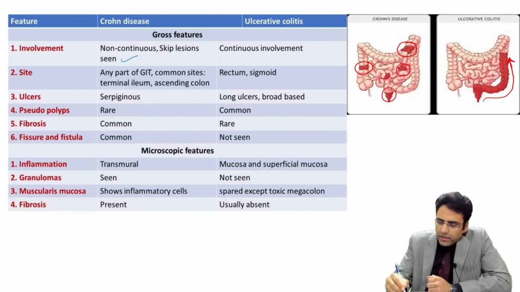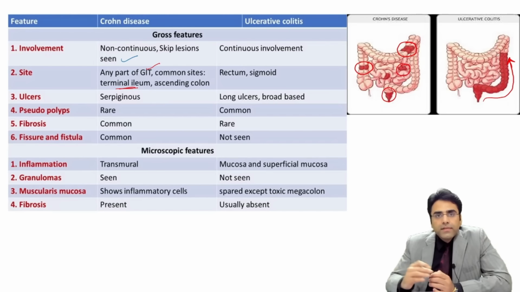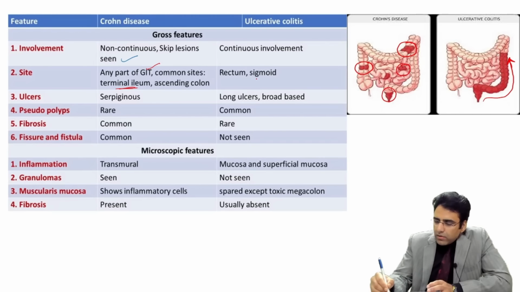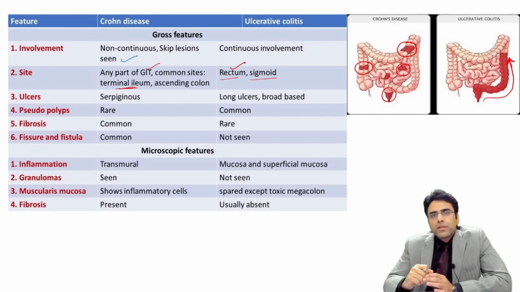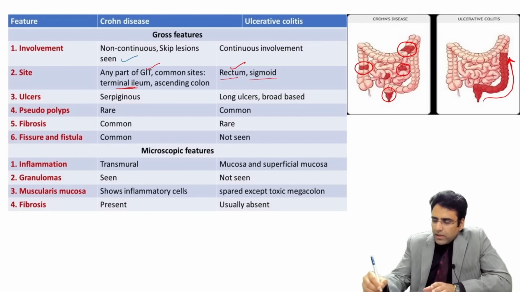Common sites are the terminal ileum, which is the most common site involved in Crohn's disease. In ulcerative colitis, the most common site is the rectum, and it ascends upwards involving the sigmoid, descending colon, then transverse colon. Clear? Sometimes the ileum can also be involved in ulcerative colitis, and that is termed backwash ileitis.